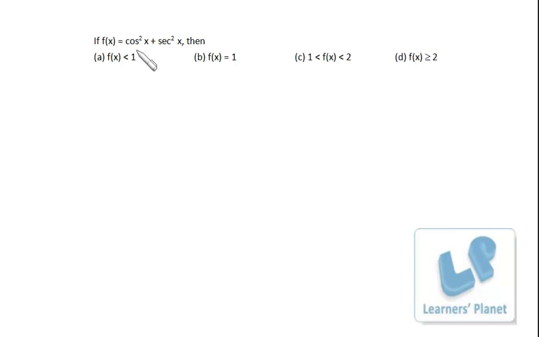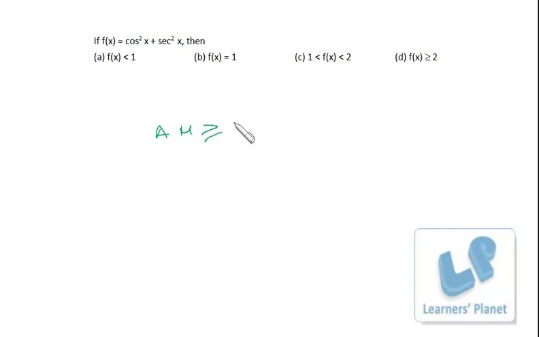Okay, f(x) is equal to cos square x plus sec square x. So over here we have to find out the maximum and minimum value of this expression, right? Cos square x plus sec square x. See, there are various methods to solve this problem. I'll go for a different method, so you will come to know a different concept also.